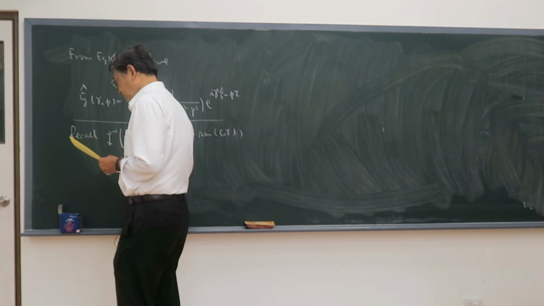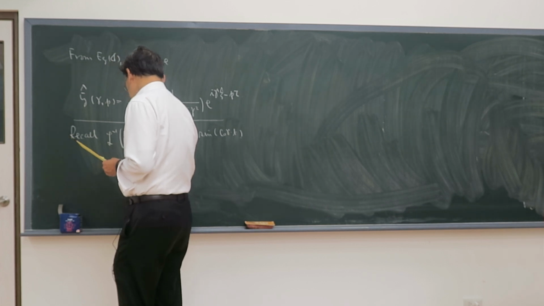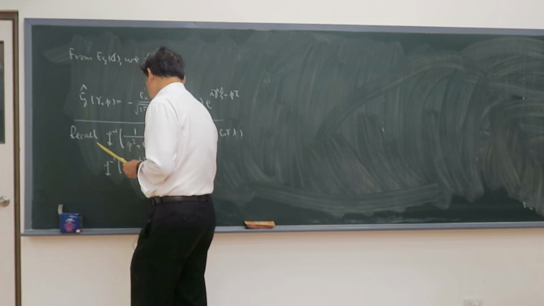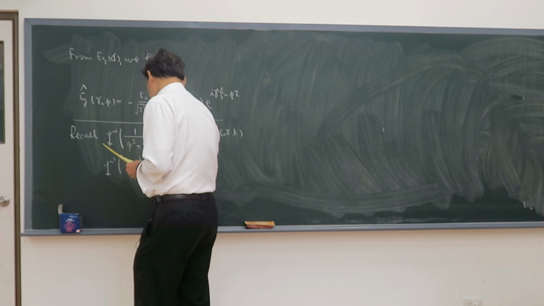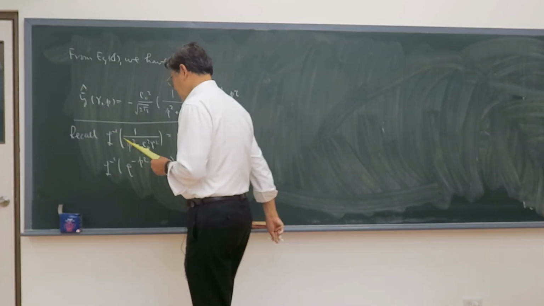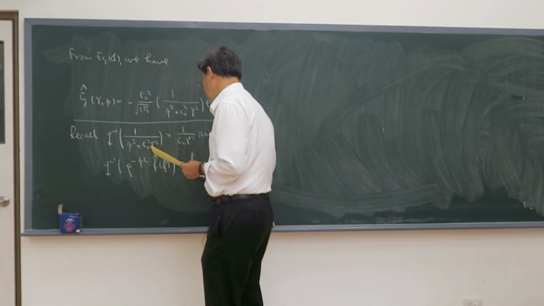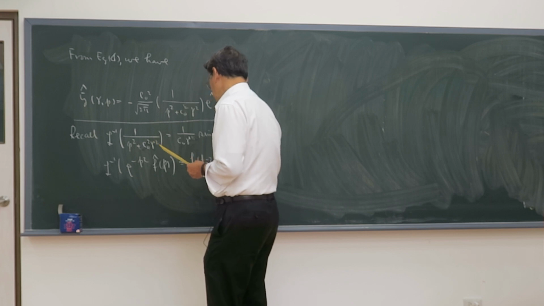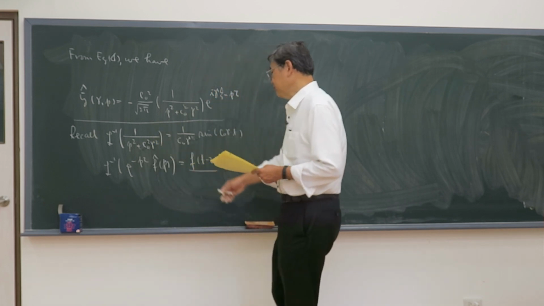And Laplace inverse of the form exponential minus p tau times f hat p will be equal to f of t minus tau. We call this t shift.